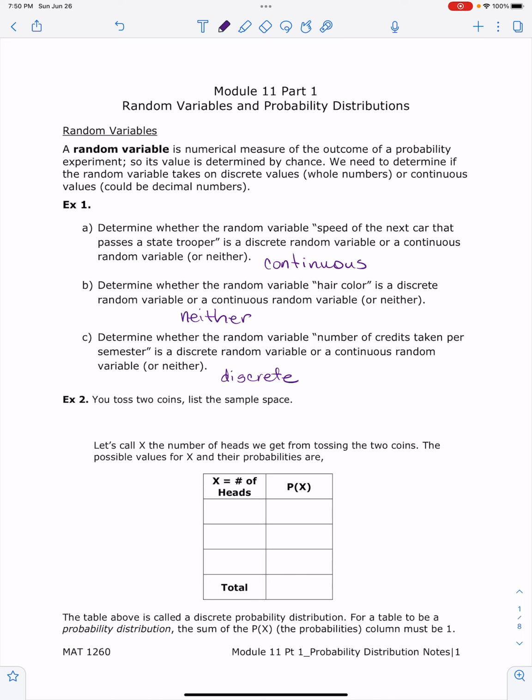Okay. Another review here of what we mean when we talk about sample space. We're tossing two coins. We want to list the sample space. Just a reminder that the sample space is all possible outcomes.